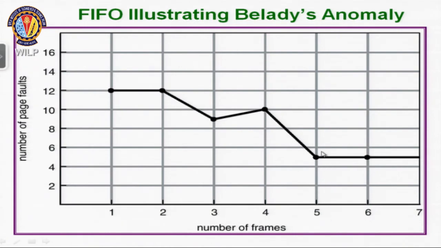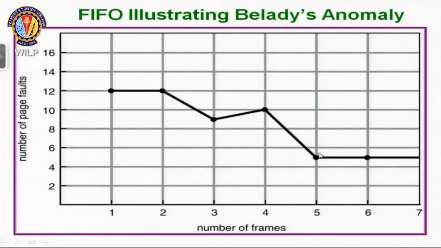With 5, if you run the same string, you would find that the number will go to 6, and with 6 the number will again be 6. We can clearly see that if we keep increasing the number of frames, after a certain point this becomes constant.